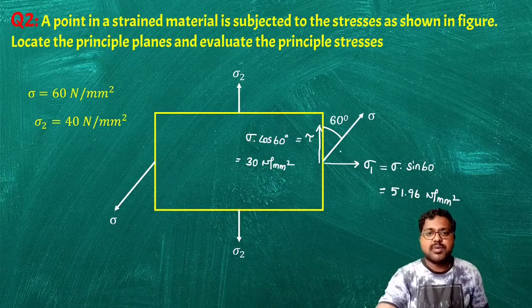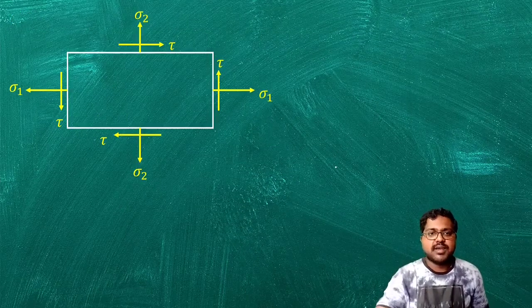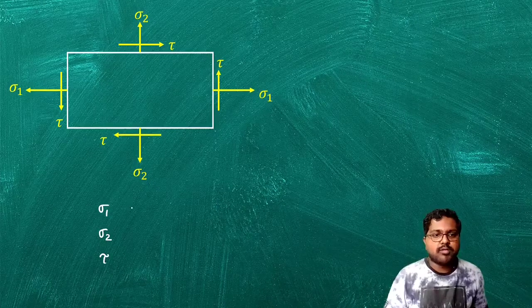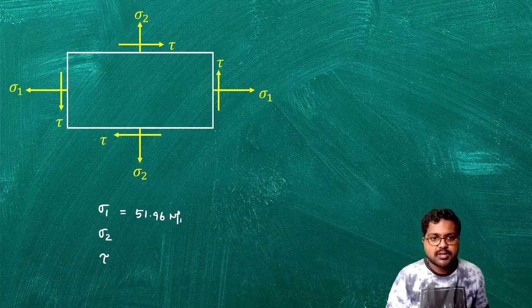So after simplifying this, we will get a figure in this form where sigma 1, sigma 2 and tau are known values for us, where we can write sigma 1 as 51.96 Newton per mm square and sigma 2 equal to 40 Newton per mm square.